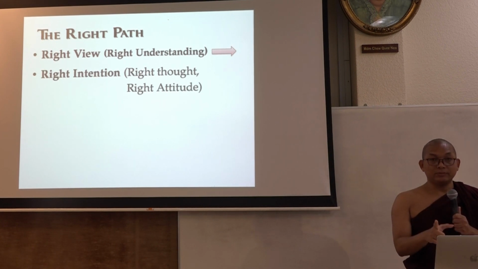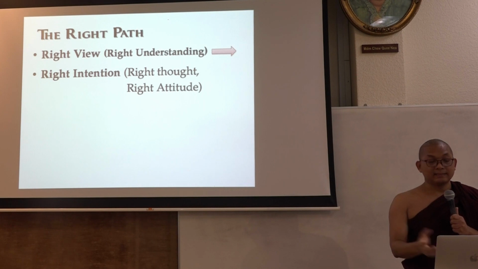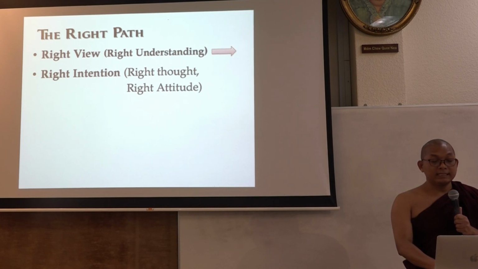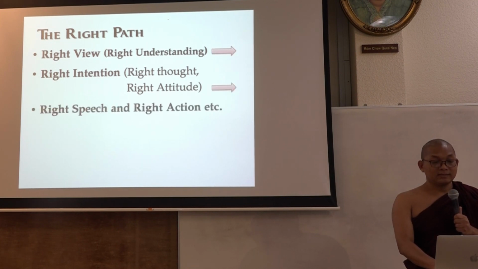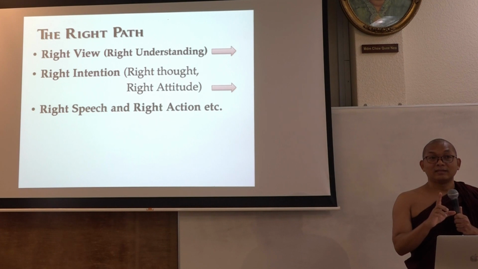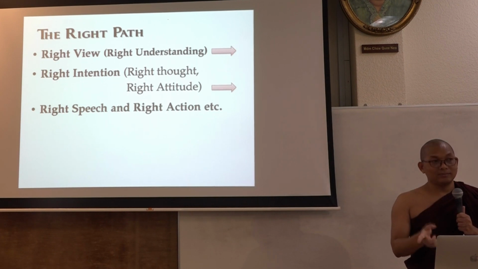Your attitude will be good. Your thought will be good. No blaming other people. No blaming yourself, right? Then if your intention and attitude are good, what you say and your action will be good, right? Your speech and your action will be good. Samma vaca, samma kammanta. Then here, etc.